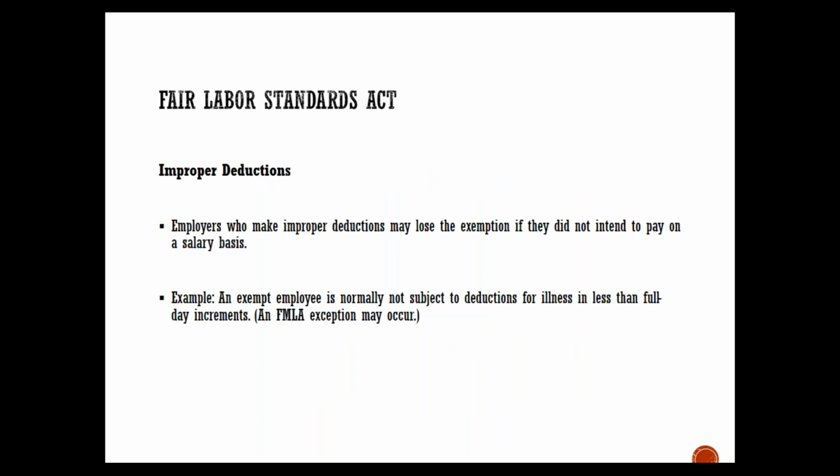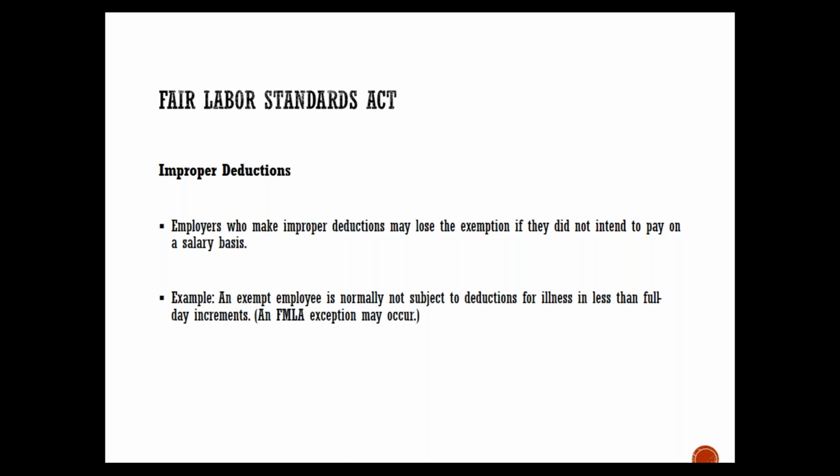So with improper deductions, you can lose your exemption, and it's not just losing your exemption for that employee. If you have exempted, say, and I'm just making it up, librarians, and you make an improper deduction on one librarian, you could lose the exemption for all those librarians. So it's very, very important that you do not make any improper deductions.